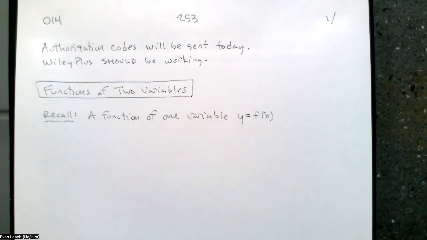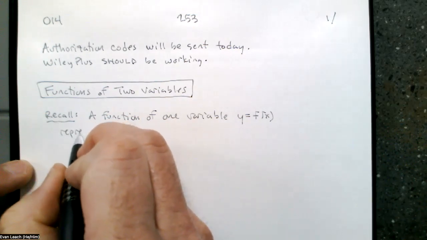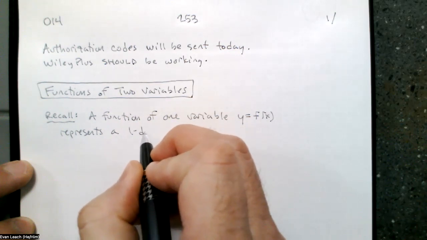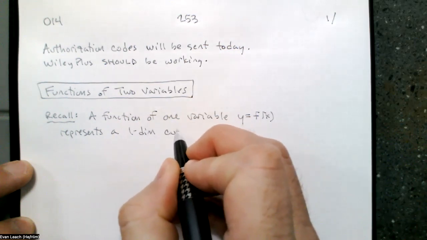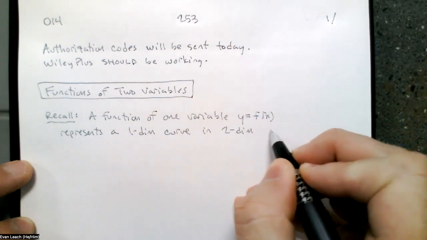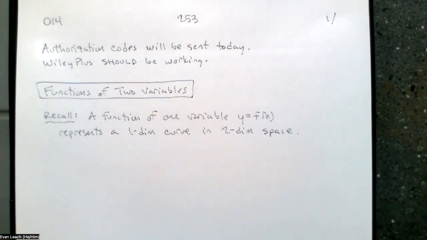a function of one variable represents a one-dimensional curve in two-dimensional space. I suppose I could be pedantic and say the graph of a function of one variable is a one-dimensional curve in two-dimensional space.